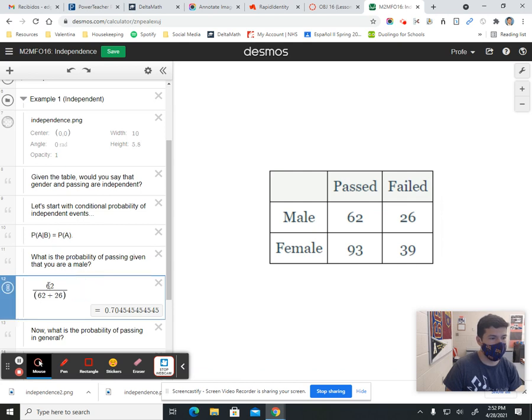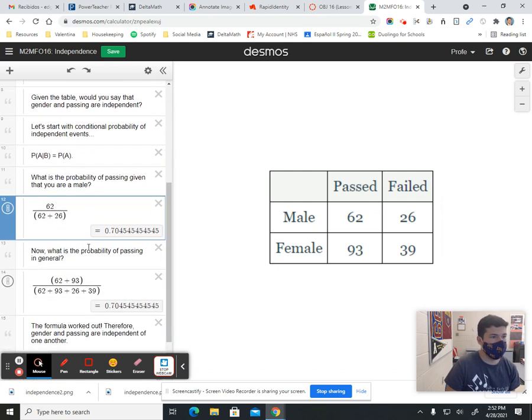Well, the probability of passing given that you're a male is going to be 62 passed out of how many males? That's 88 males, I believe. So 62 out of 88, and you don't have to add that up in your head. You can use parentheses right here. There's a 70% chance that you're going to pass given that you're a male.